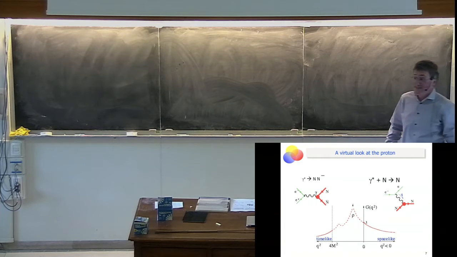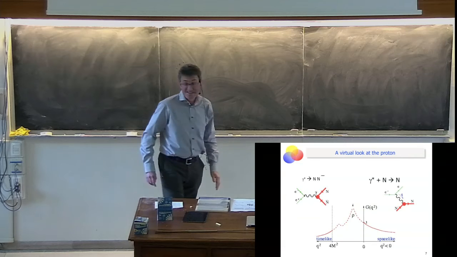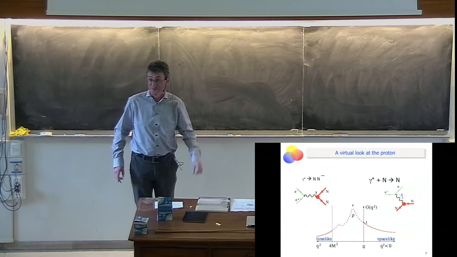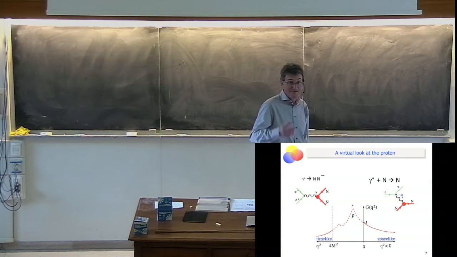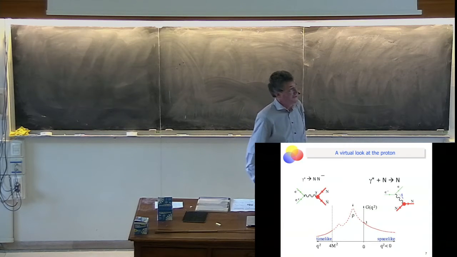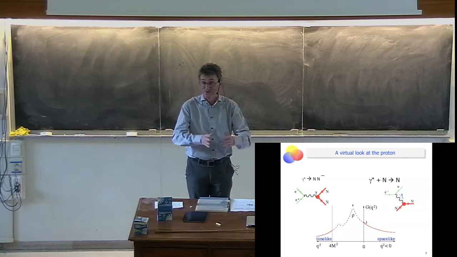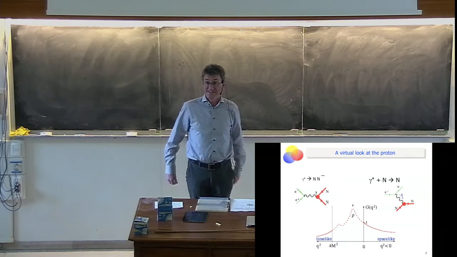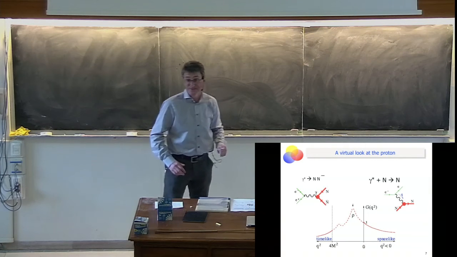And as being an exchange particle, in both situations, it need not be a real photon, so it doesn't need to have q squared equals 0. And this q squared then is going to be one of the variables in the exchange variable. That was already also mentioned in the 2-to-2 process. You do not only have the total energy, but you also have the exchanged momentum, the s and the t variables, which were discussed previously.